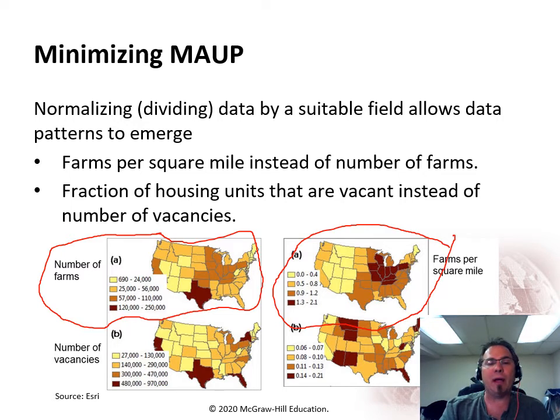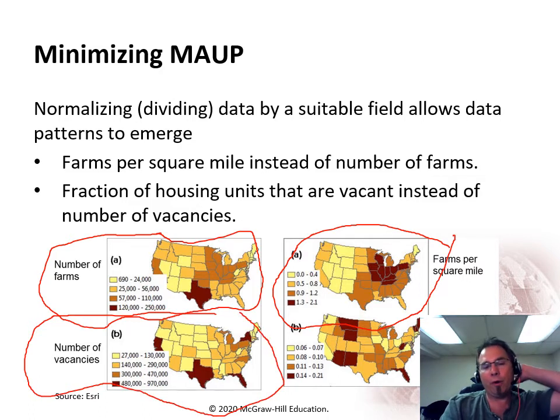The same thing can be applied to the number of vacancies for homes. If you look at this map here in the lower left, map B, you would completely expect that California, Texas, New York, and Florida would lead the list of the number of vacancies. Why? Those are the four most populous states in this country. So yeah, they're going to have the highest number of vacancies just because they have more people.